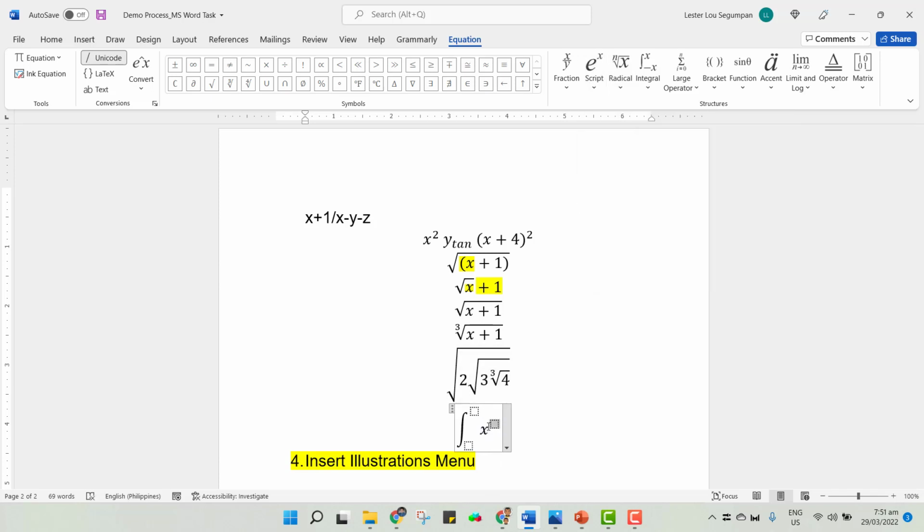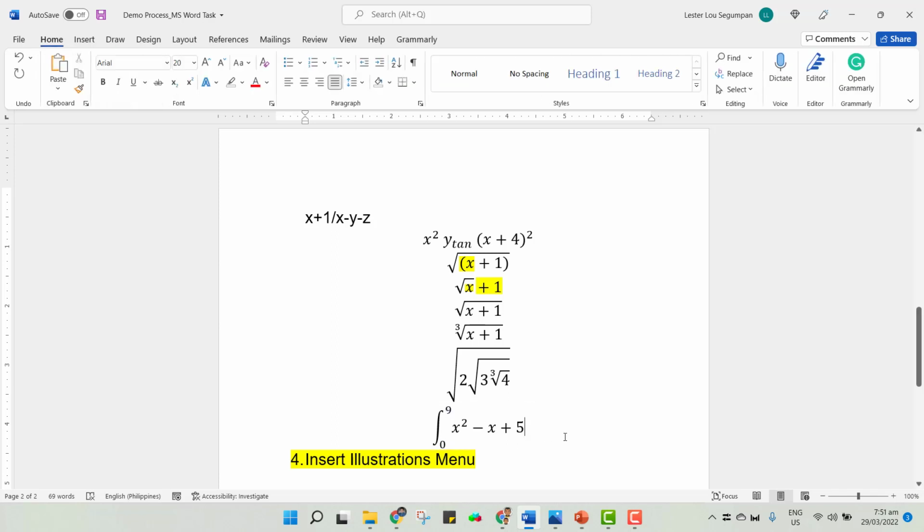You have x squared minus x plus 5, integral of that from 0 to 9. Example like that. You could use that for the structure of the integral.